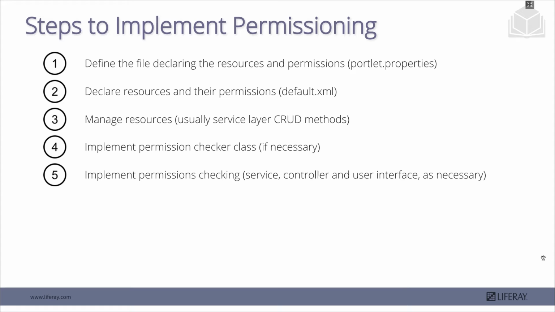So we need to create what I call a permission resource. This is done within the service implementation. From there, we'll then do permission checking to ensure that users are able to do what they're trying to do, but users who do not have the proper permissions cannot do that specific action.